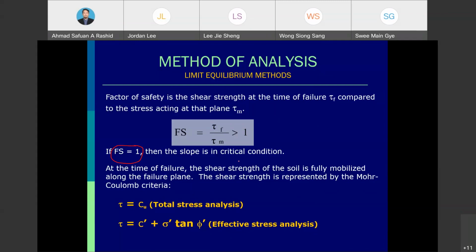In this shear strength, we use either the total stress analysis or the effective stress analysis. It may depend on the type of analysis that we want to carry out. But definitely, the most comprehensive approach is the effective stress analysis.